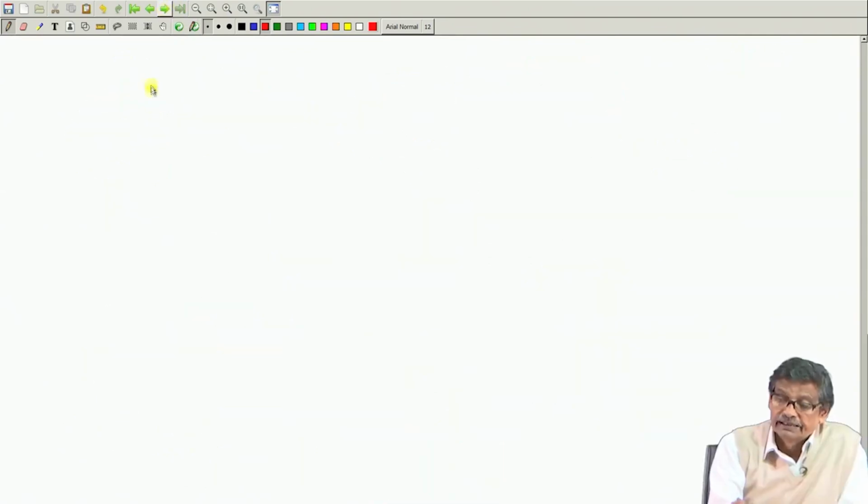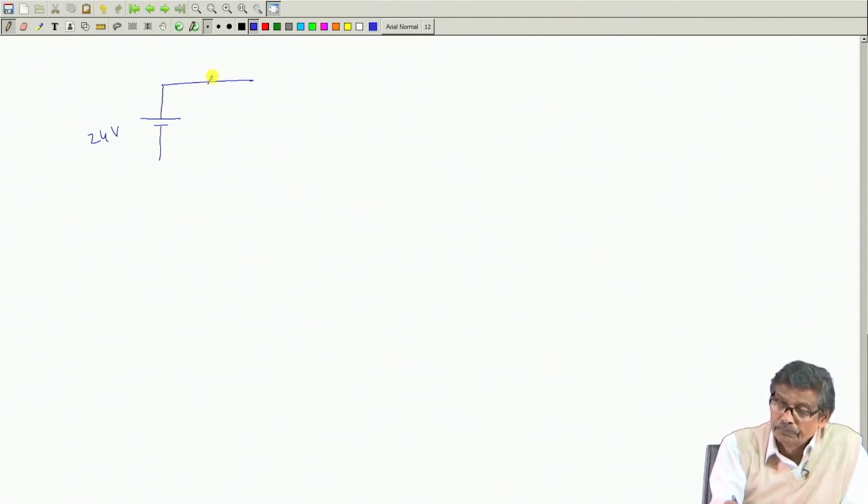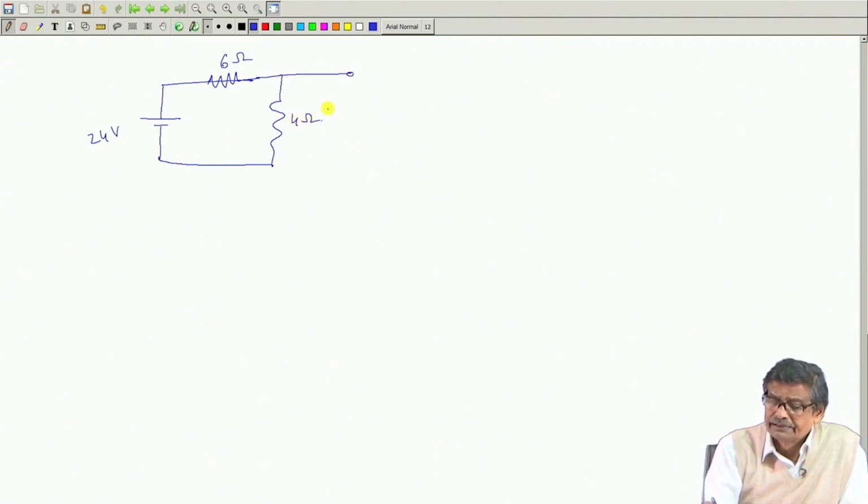Let us do that. So, suppose I say that I have a network, 24 volt. Here, what was the resistance? 6 ohm. Some 6 ohm is there. Here is some 4 ohm. Let us take a simple example, this one.